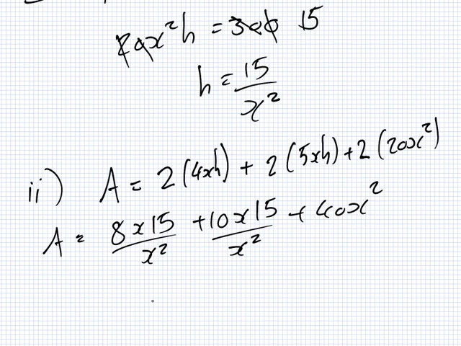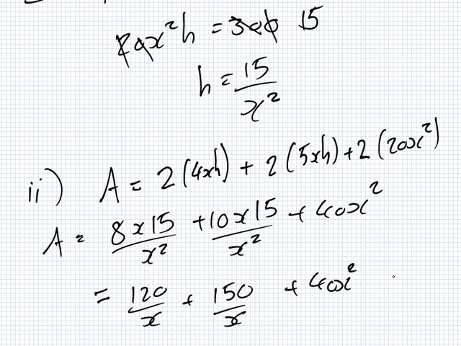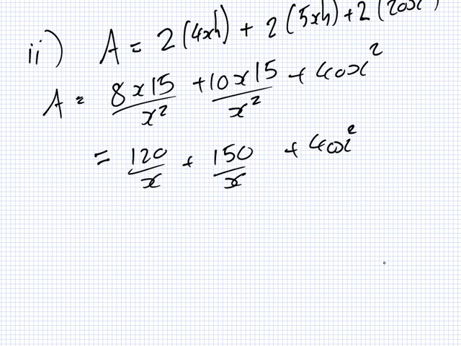Something went wrong here. 8 times 15 is 120. 120 over x plus 150 over x plus 40x squared, which is 40x squared plus 270 over x. Great. 40x squared plus 270 over x.